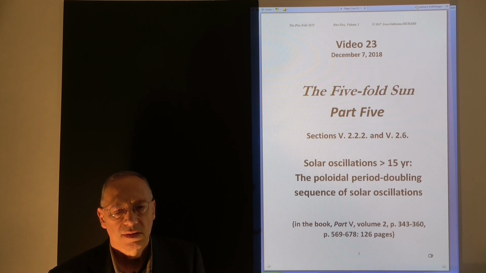Today we address the issue of a sequence of period doubling oscillations in the solar activity variations, which would represent a set of poloidal oscillations as is suggested in this book.